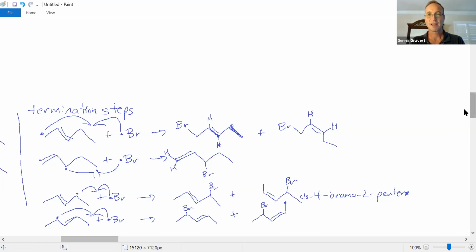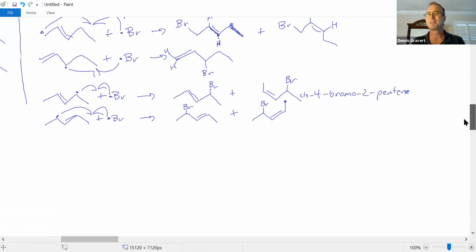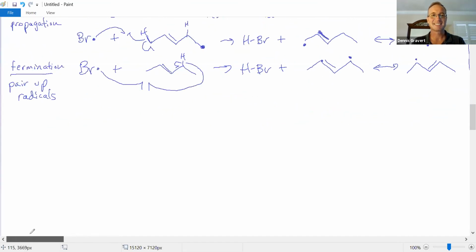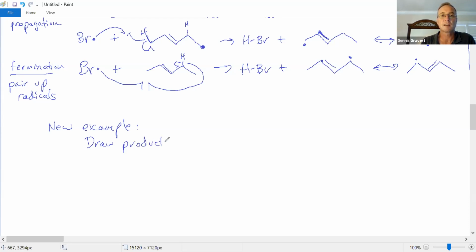Oh, some of you might be saying, well, how come you get cis here? What happened? Let's do a simpler molecule, simpler example, just to illustrate that. So, new example. And maybe the question would be, draw products and circle the major product.